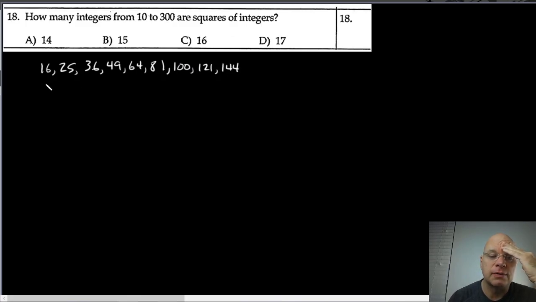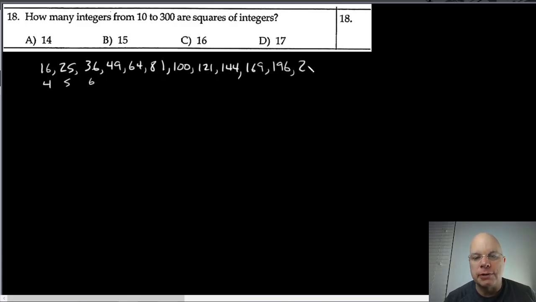Maybe it's faster in a test setting to say 4, 5, 6 and just realize you don't even have to write down the exact perfect square until you get close to the 300, but 13 squared 169, 14 squared 196, 15 squared 225, 16 squared, I should know this, 256. You can use a calculator on this test.